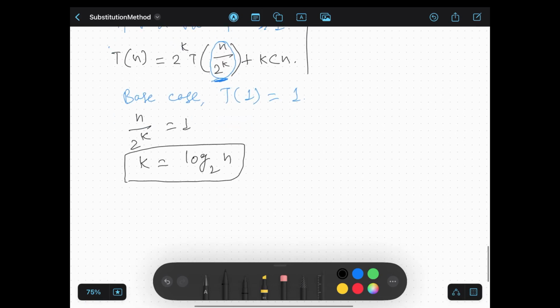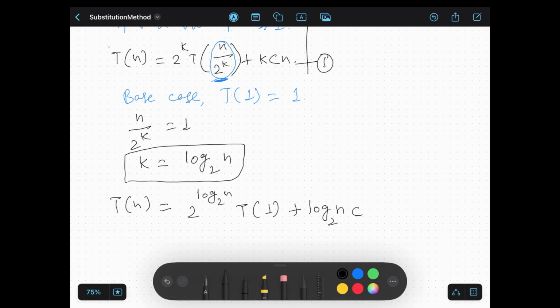Let's put this value in our generic equation, and then it will become 2 to the power log 2 n times T of n upon 2 to the power k, which is T1, plus log 2 n times cn.